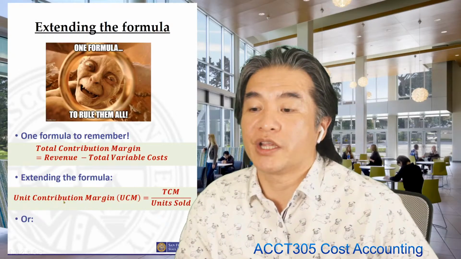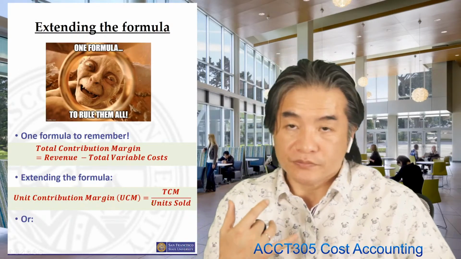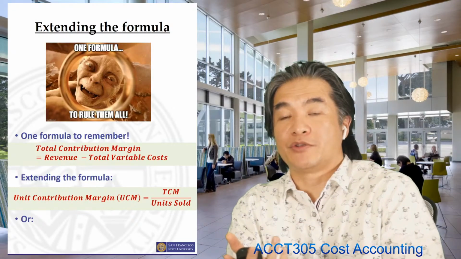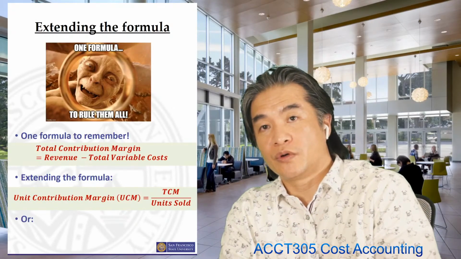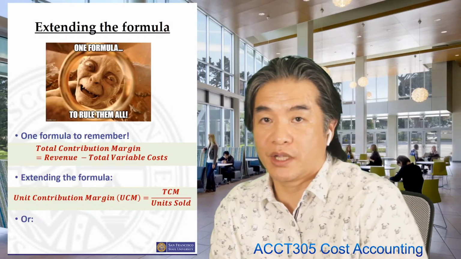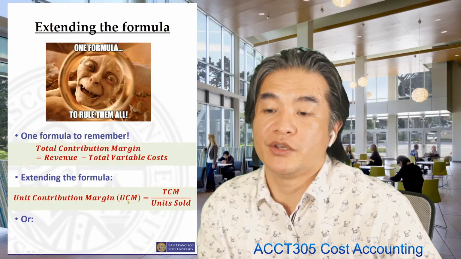We can extend that. If you want to calculate unit contribution margin, all you need to do is divide the total contribution margin by the units sold, and you will get the per unit contribution margin. For every unit sold, how much has it contributed towards the bottom line? So if you take UCM, unit contribution margin, times your volume, the units sold, you will get total contribution margin.